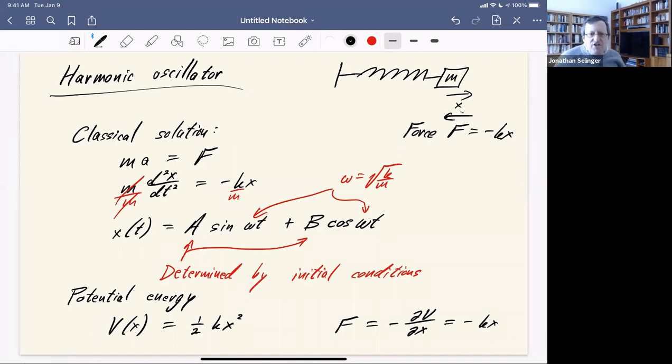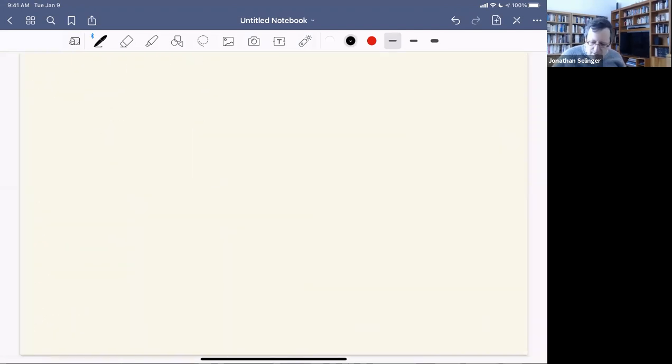And one of the reasons why you learn about it is that it's a nice, simple problem which has an exact solution, and so it's illustrative of how to solve things in classical mechanics. Another reason is that it's a good approximation for any oscillation.